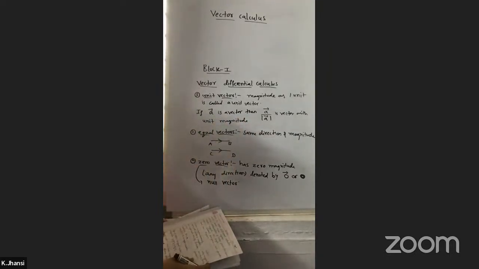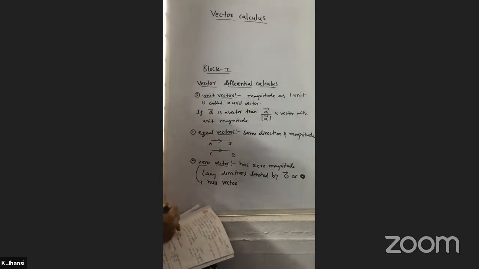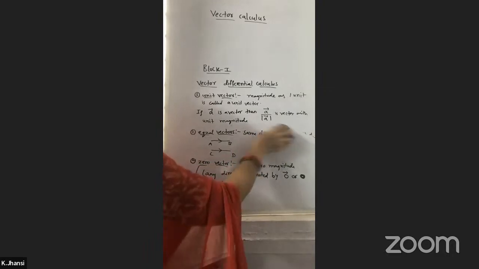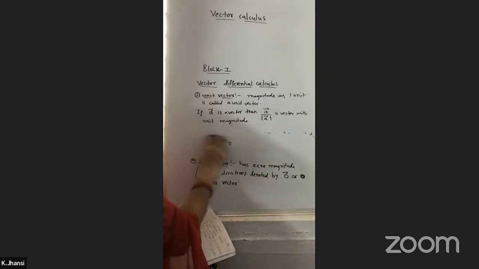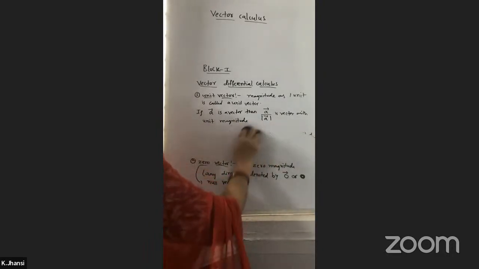And the representation is also there. It goes in the direction of A, that is vector A, and it is denoted by A cap.